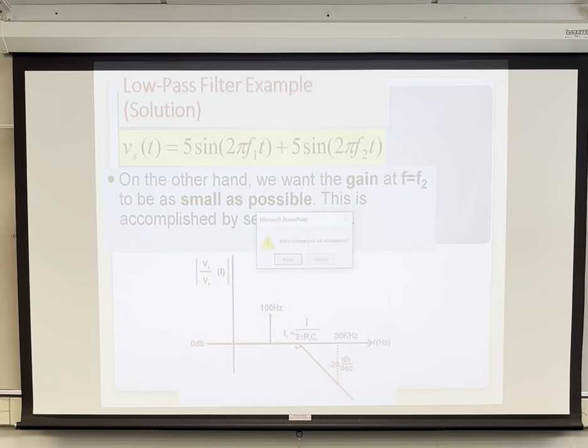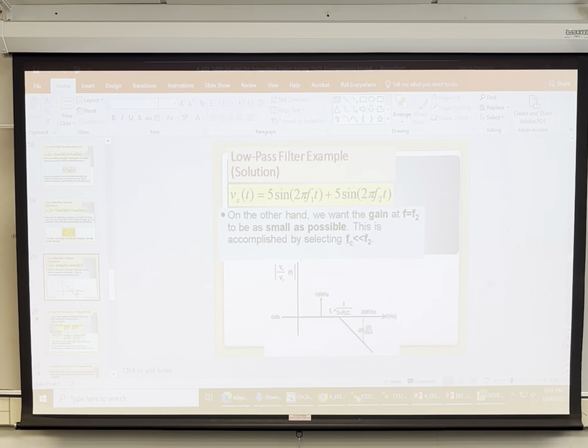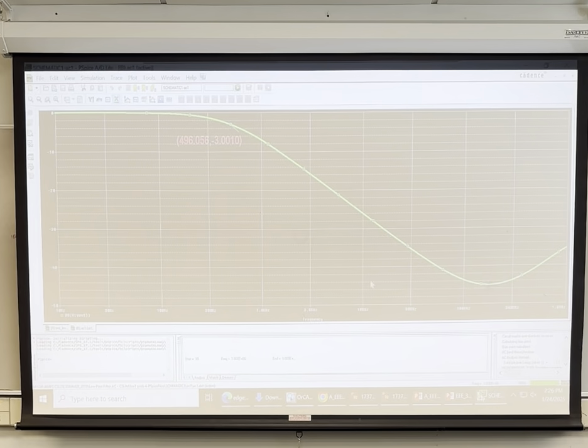So if we go back to this simulation curve here, if an undesired frequency, let's say is 30 kilohertz, and that's about right there.